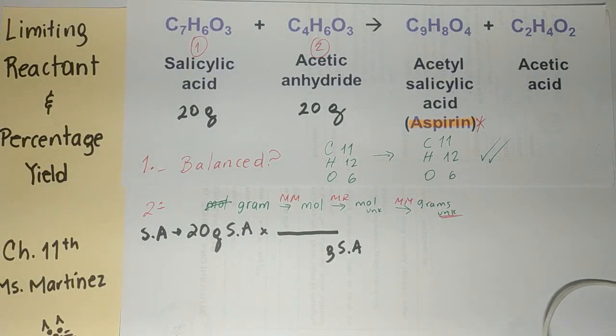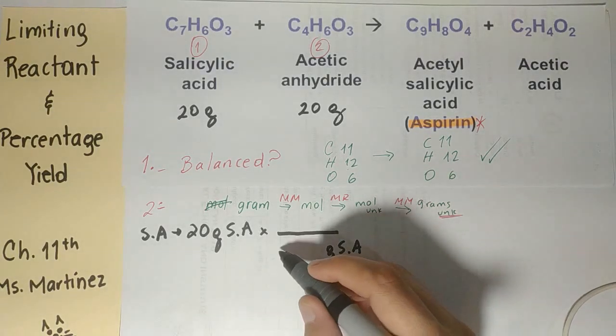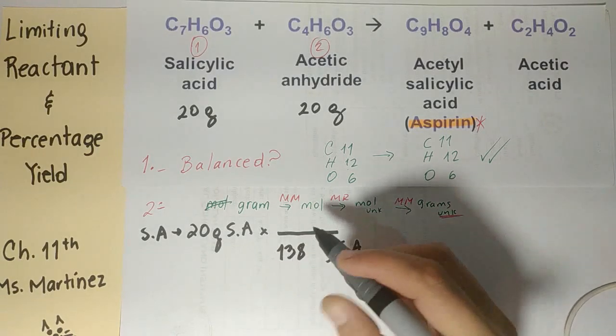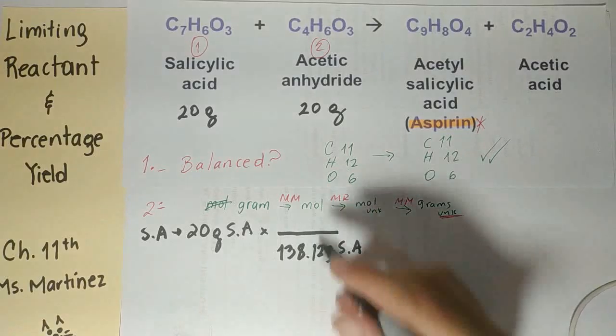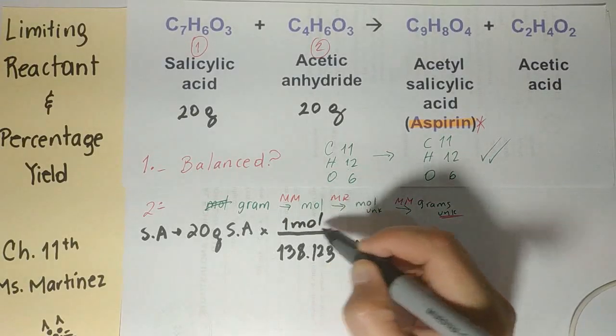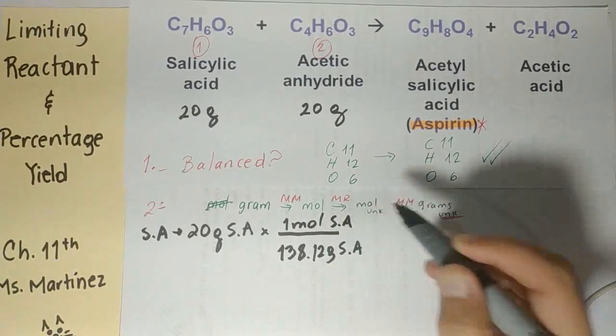Now, we have 7 carbon, which is 12.011, plus 6 hydrogen, which is 1.0079, and we have 3 times 15.999 from oxygen. The molar mass is 138.12 grams inside 1 mole of the same substance.